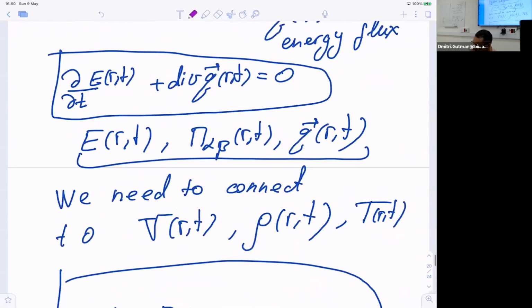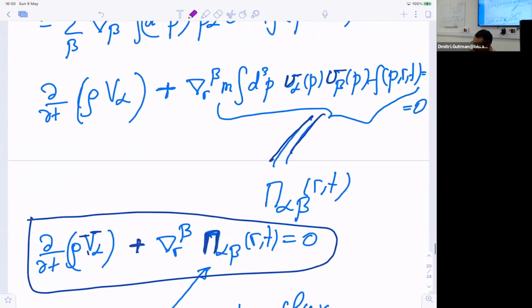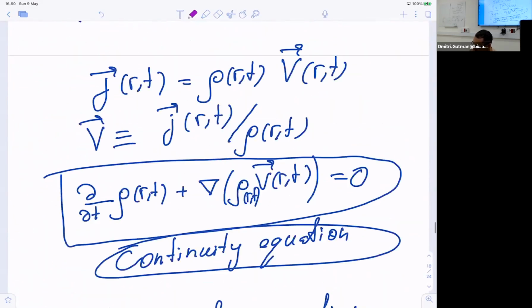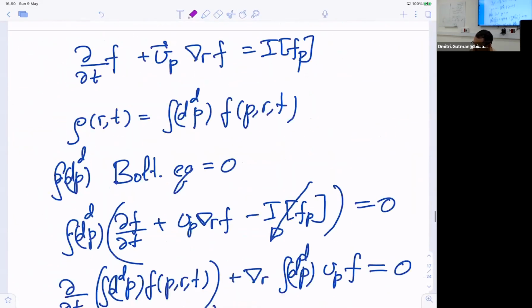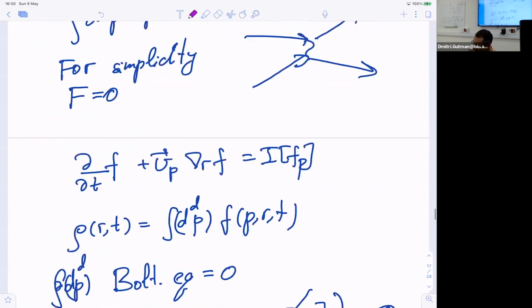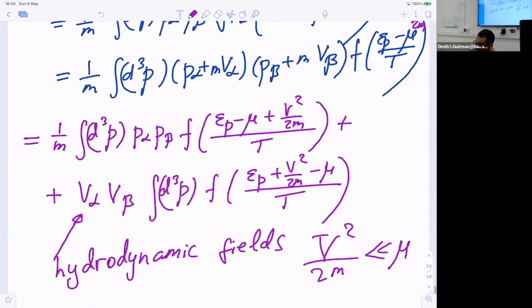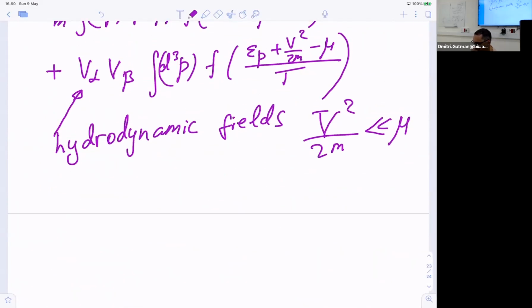Maybe I didn't write it. I think I did. Let's assume this for simplicity. There is a physical reason, because normally chemical potential is electron volts. It's like Fermi energy, right?